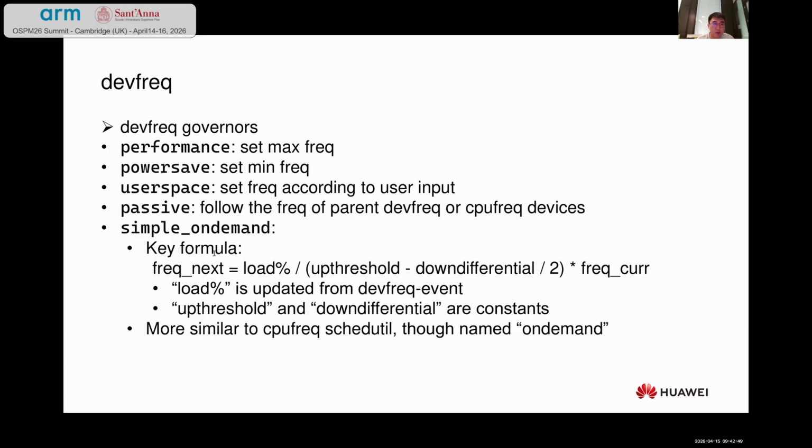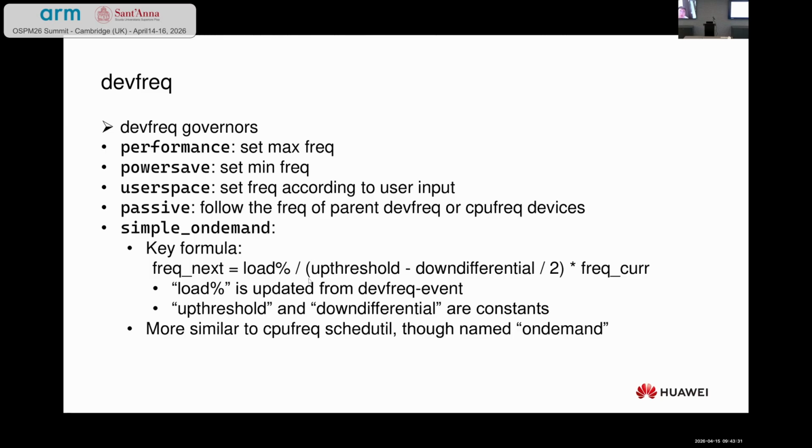The key one is this simple_ondemand. Actually, this is the only dynamic governor that scales the frequency based on the load, the load reported from the Devfreq event. And its key formula is like this. It takes a constant, which is the up threshold minus the down differential divided by 2. Anyway, it's a constant, and then multiplies that by the current frequency.